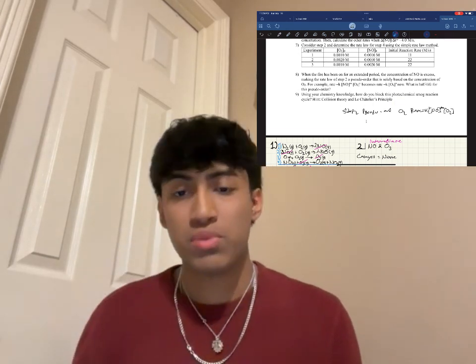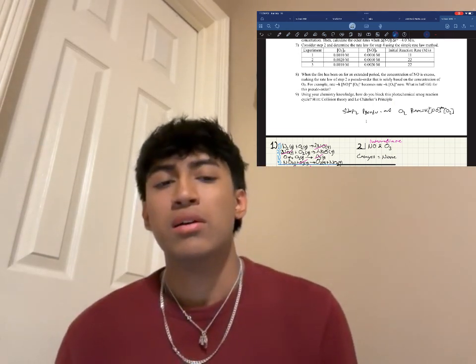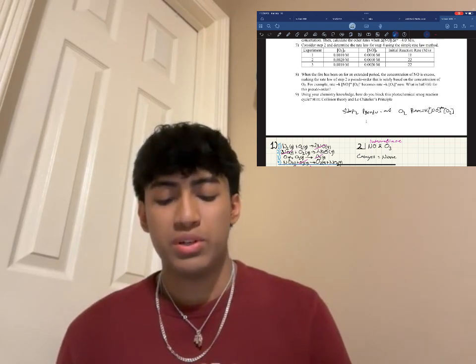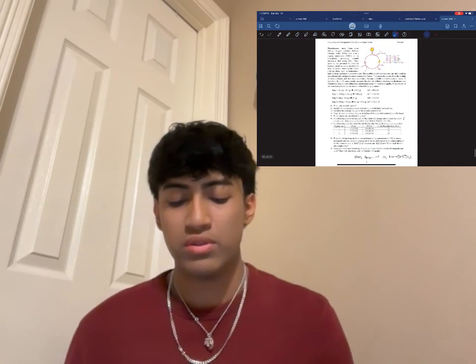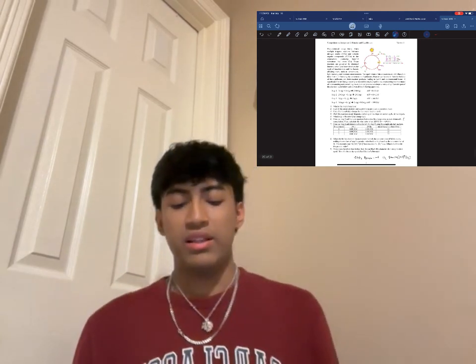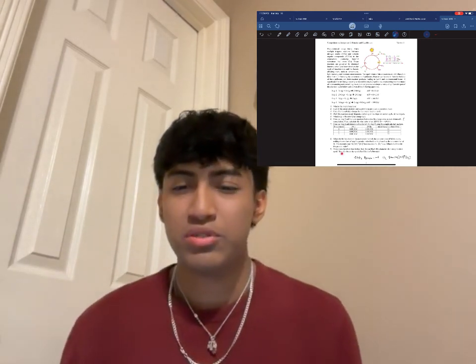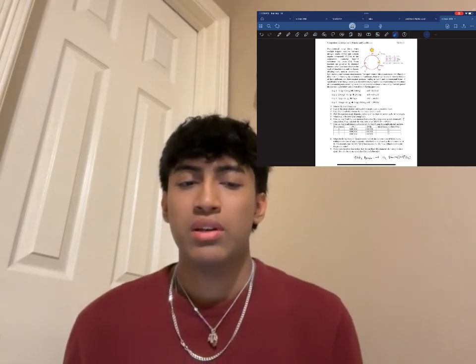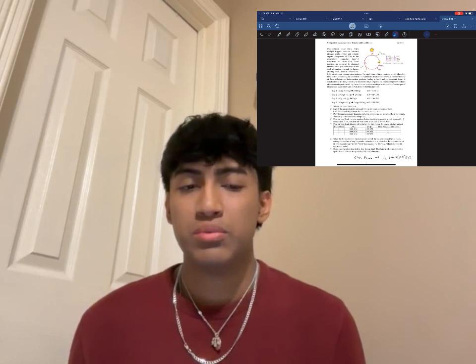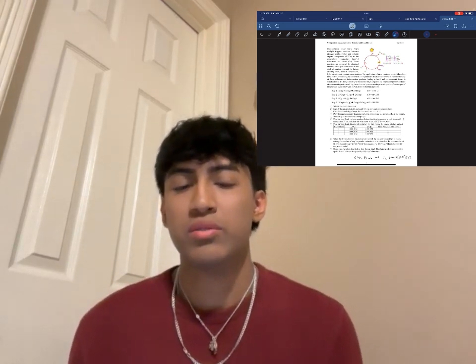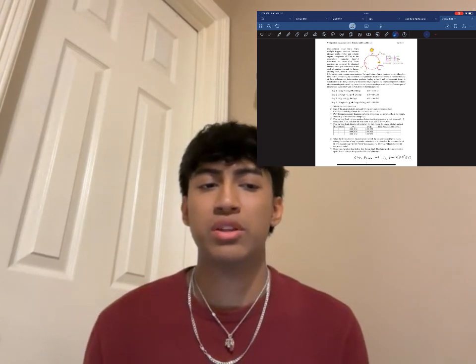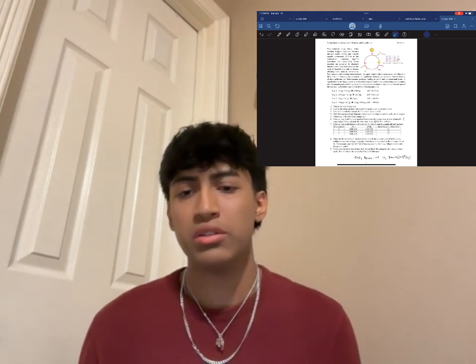All right, so using our chemistry knowledge, how do you block this photochemical smog reaction cycle? And this is problem 9, by the way. So the way we're going to do this is it's hinting at us to use collision theory and Le Chatelier's principle. So using Le Chatelier's principle, we would just increase the concentration of the products so it can shift the equilibrium away from the smog formation.